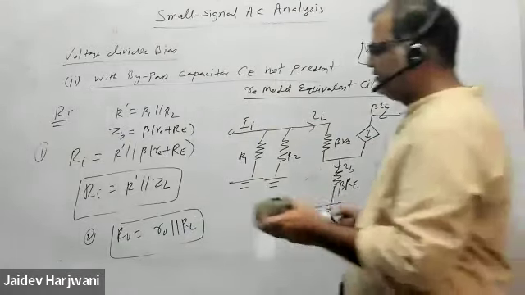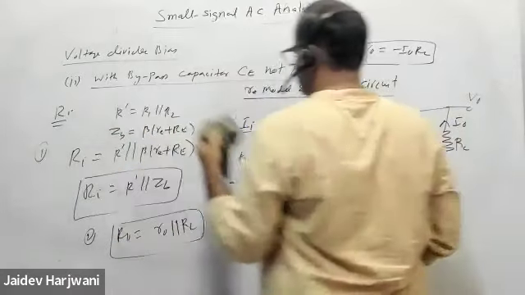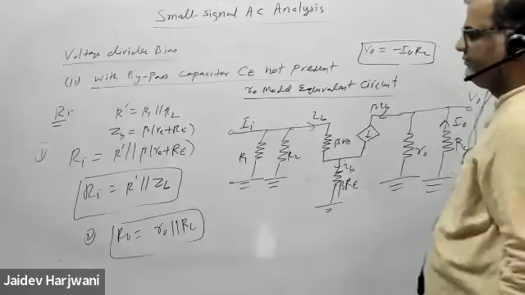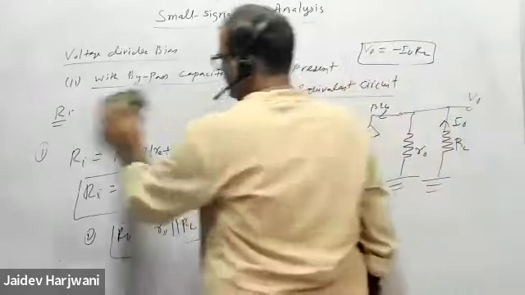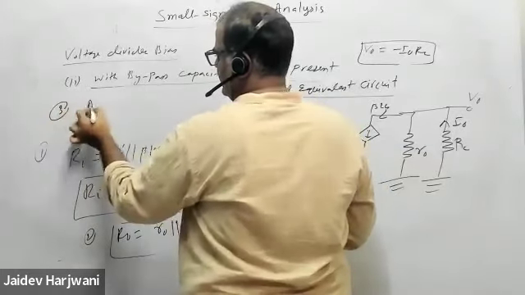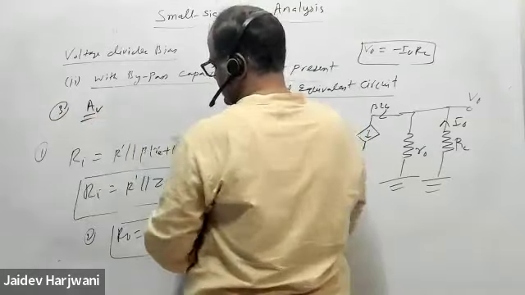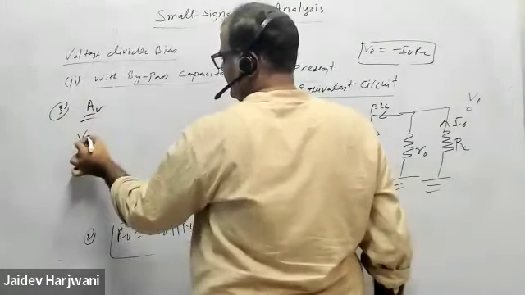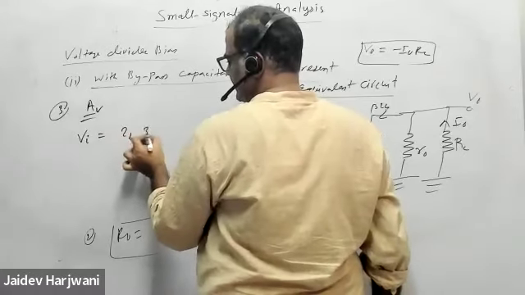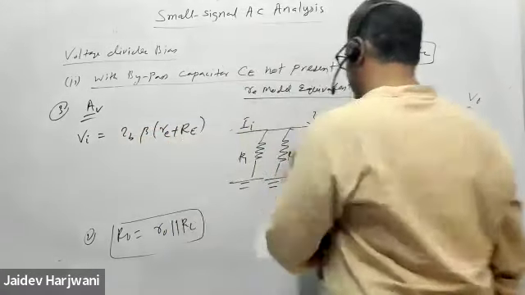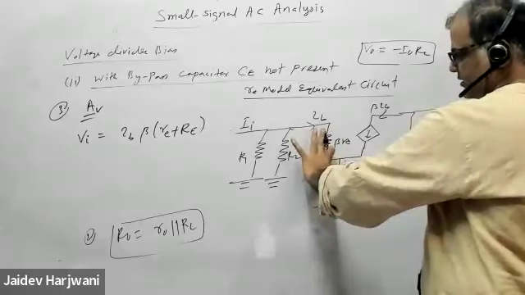Now what is the voltage gain? AV. V input is IB into beta Re plus Re, IB going here. This is the V input.